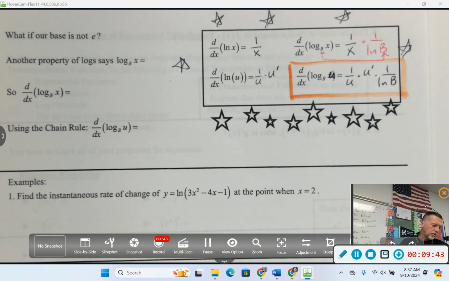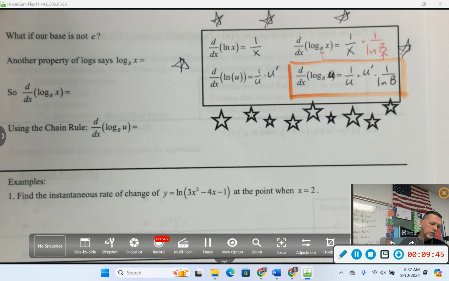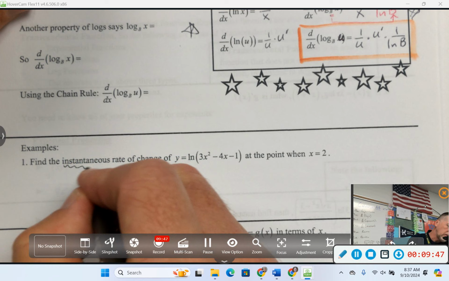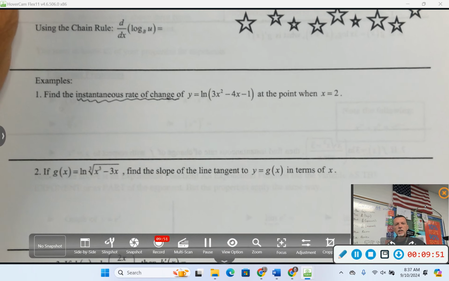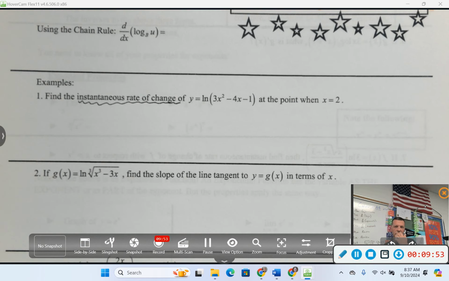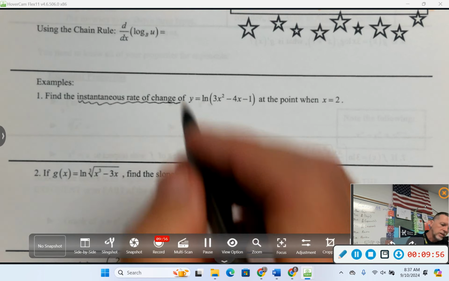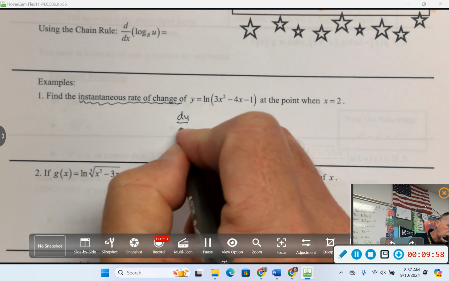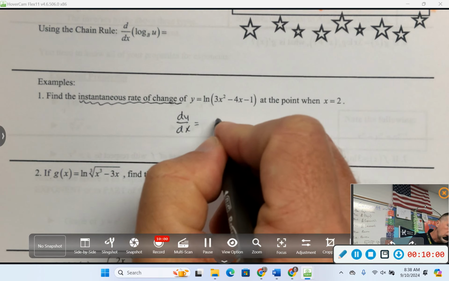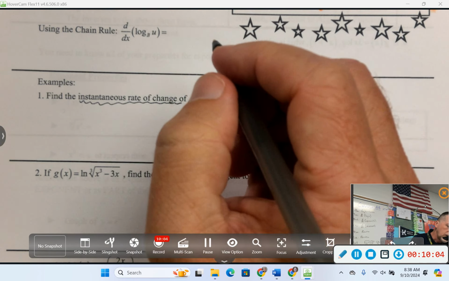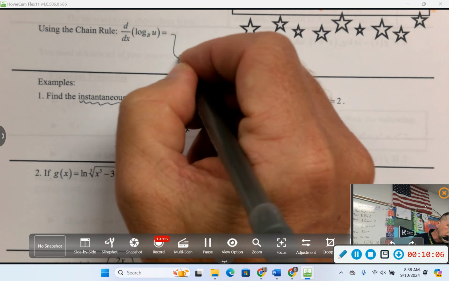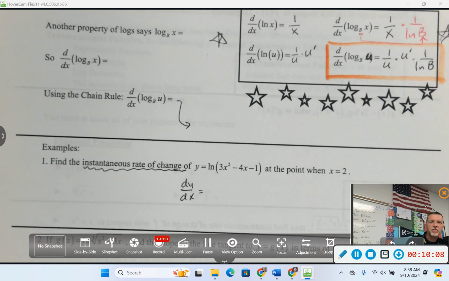Okay, some examples. Find the instantaneous rate of change. Again, we just like to keep using all the different words for derivative. y equals natural log of that thing when x equals 2. Okay, so dy/dx. I'm going to put it in words because for some people it helps to see the words. Let's back up just a second here.